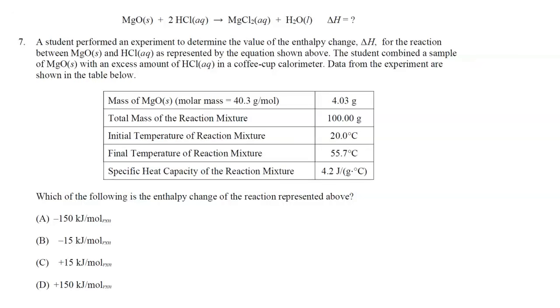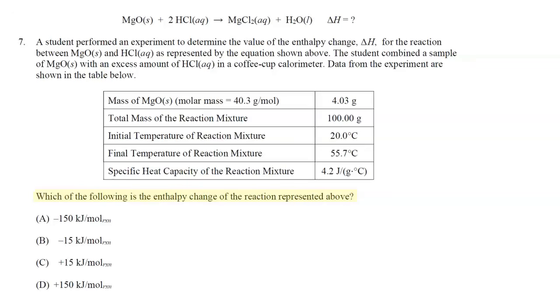The student combined a sample of solid magnesium oxide with an excess amount of aqueous hydrochloric acid in a coffee cup calorimeter. Data from the experiment are shown in the table below. Which of the following is the enthalpy change of the reaction represented above?